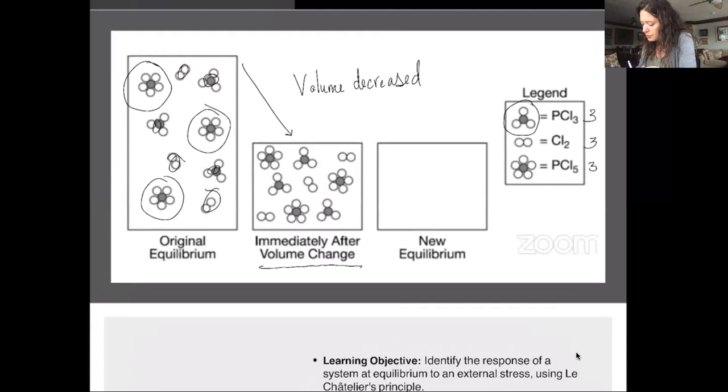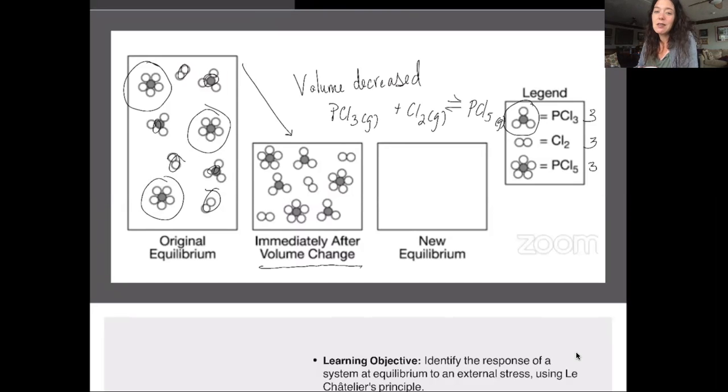Oh, I think I'm supposed to, okay. Let's go like this. I think this one kind of jumped ahead of us, to be honest with you. Notice this is balanced 1 to 1 to 1.